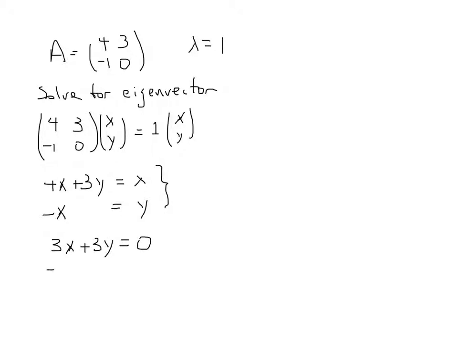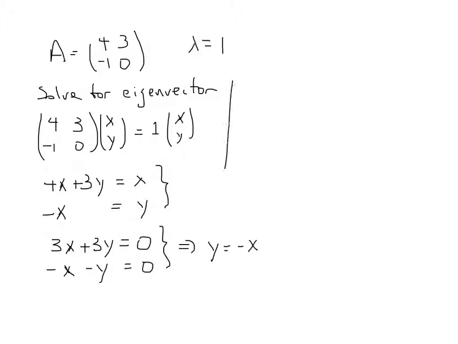And I have a negative x minus y is equal to 0. And again, both of these equations imply that, in this case, y is equal to negative x.